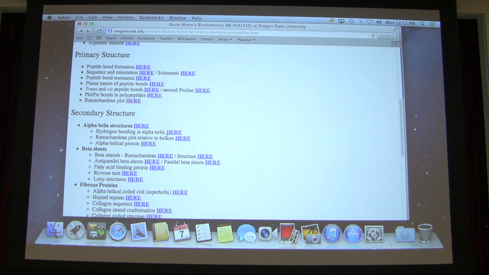So secondary structure, I'm going to give you a definition here. Secondary structure is a regular, repeating structure that arises between amino acids less than 10 apart.